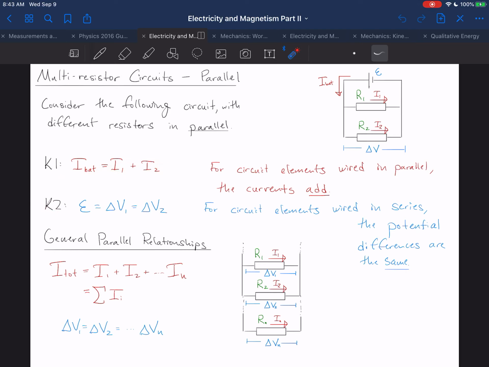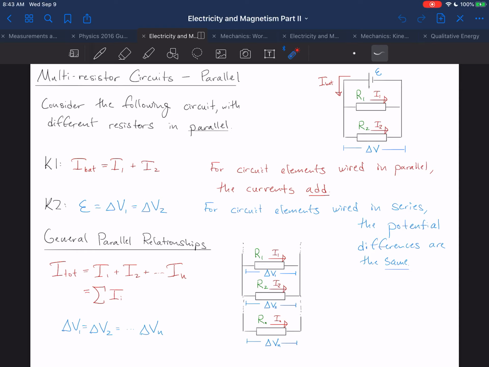Then apply Kirchhoff's second law. Kirchhoff's second law says that for any closed loop around the circuit, the EMF is equal to the potential difference. So the total sum of the EMFs is equal to the total sum of the potential drops around that particular loop.